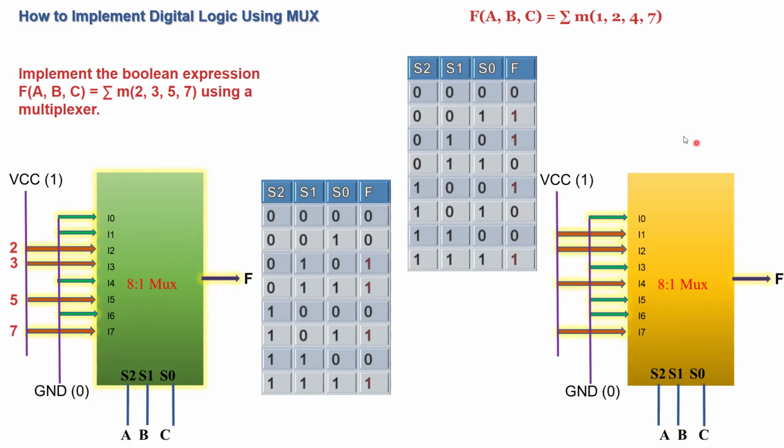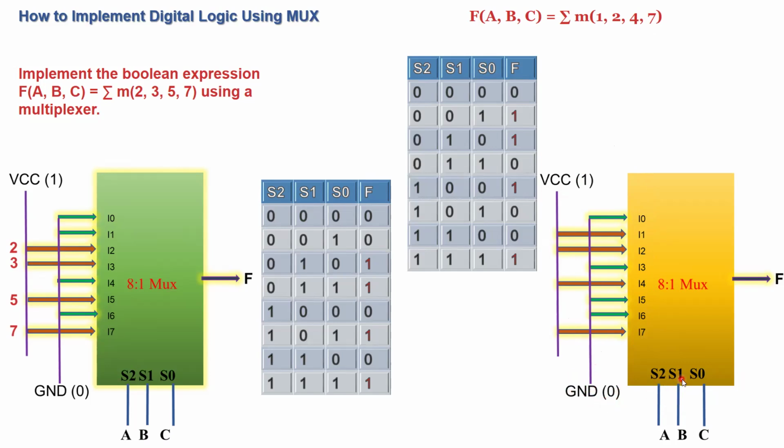So what we can do here, as you see, we can use the 8 is to 1 multiplexer again, where the data lines of the inputs are I0 to I7, only min terms 1, 2, 4, 7, that is I1, I2, I4 and I7 are tied to logic high or logic 1, that is VCC, indicated by this brown color. Other input data lines, that is I0, I3, I5, I6, they have to be tied to ground, that is logic 0 or logic low.